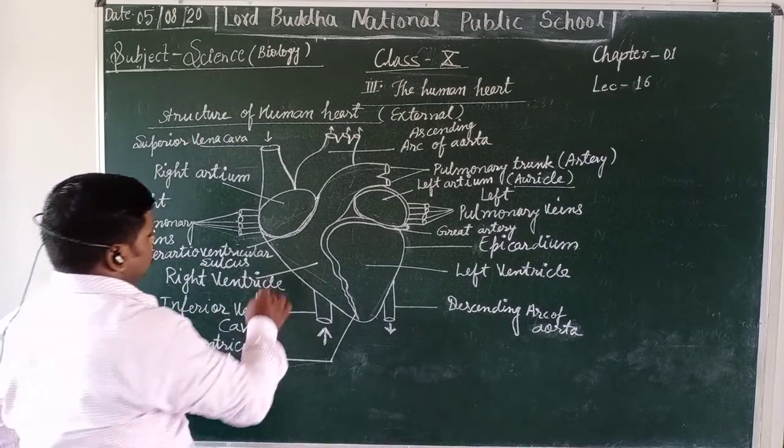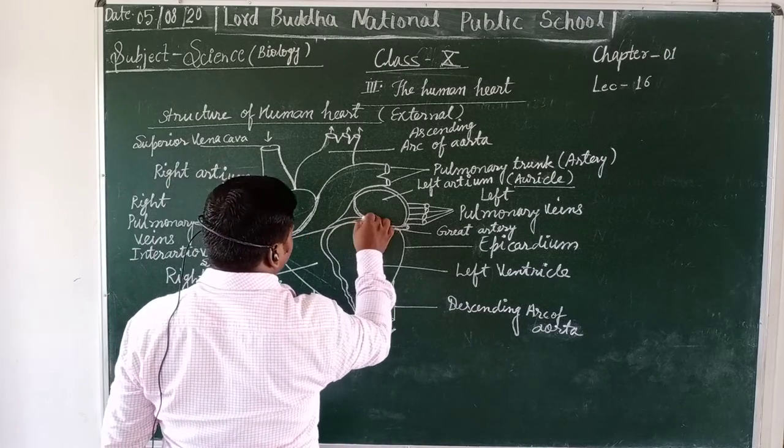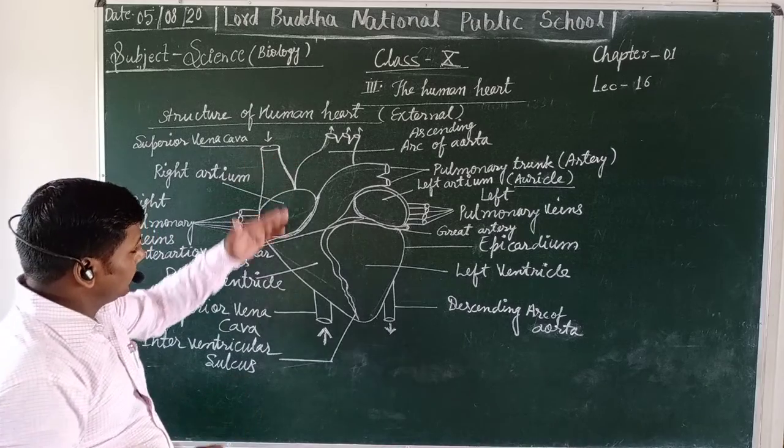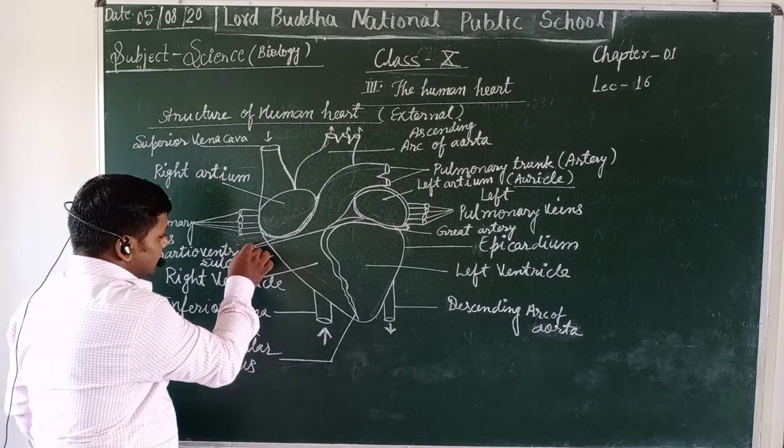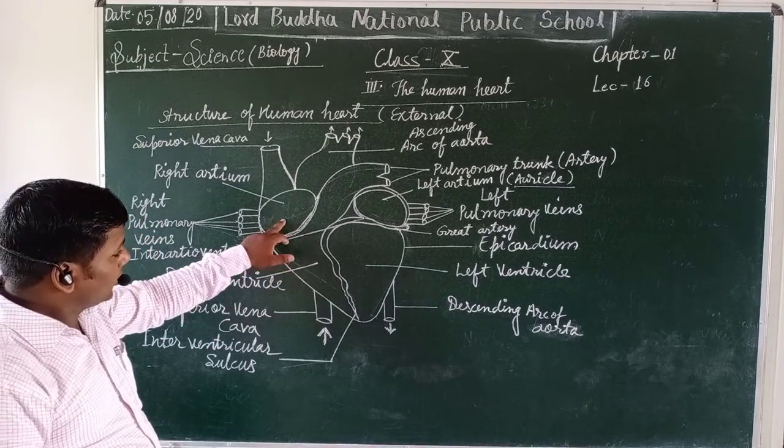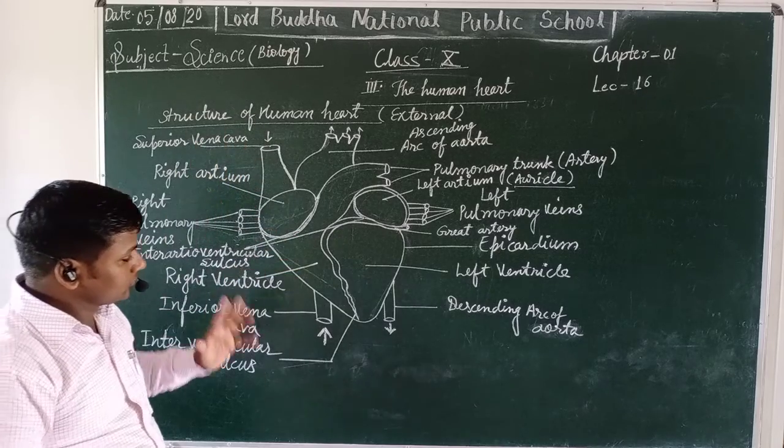This is the interatrioventricular sulcus that helps in differentiating the atrium and ventricle.